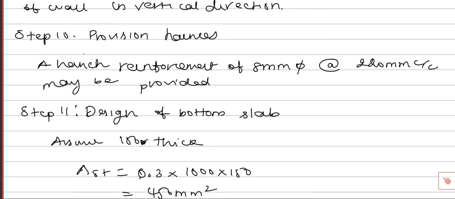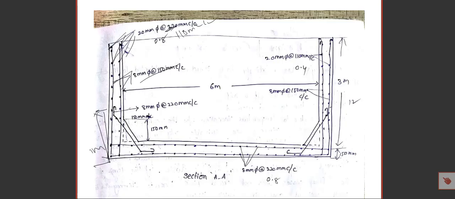Sorry, actually this is the haunch reinforcement. This one is the haunch, 150 mm by 150 mm, and the reinforcement will be 8 mm at the rate of 220 mm center to center. Similarly, on both sides, left side and right side.